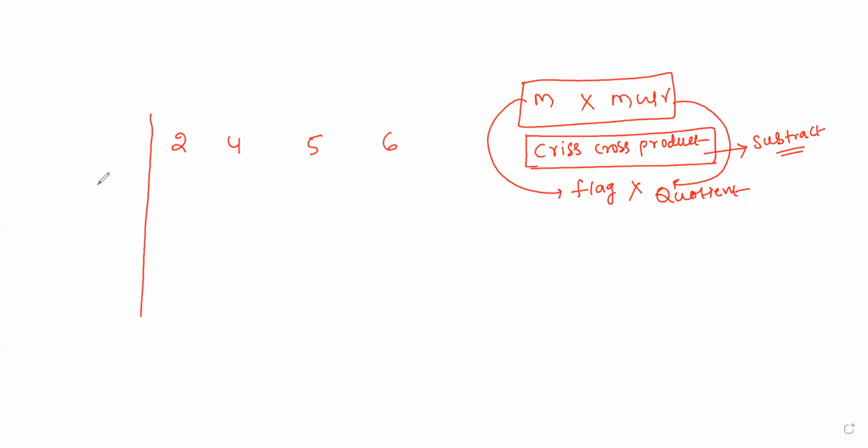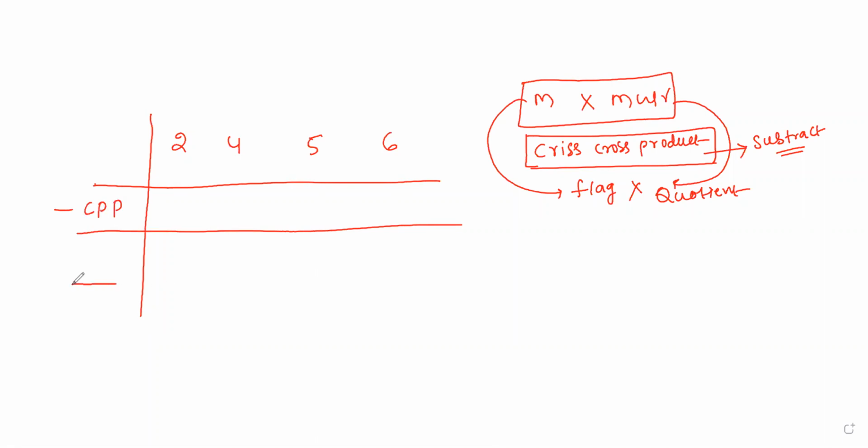So what we are doing here in the first step, let me write like this. Try to understand that. Here we are subtracting the criss-cross product. Okay. So in this case, we are doing division. Whatever this part is, in this case, we are writing quotient digits. This one is clear.